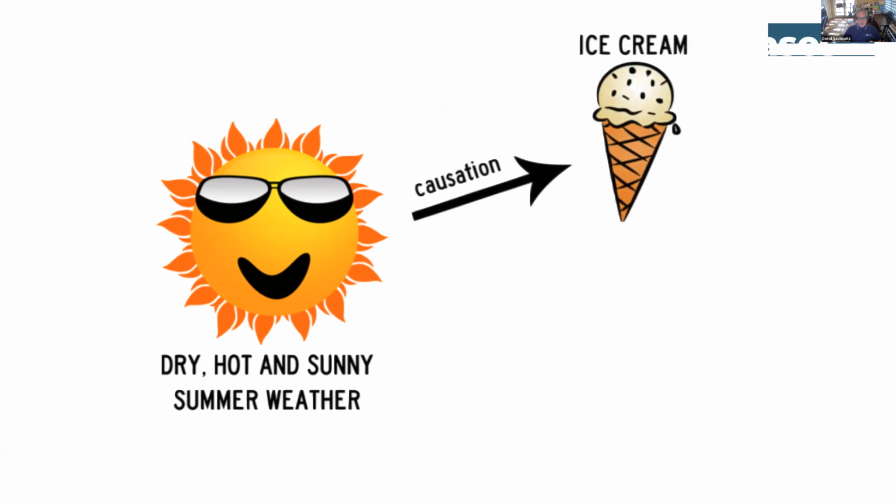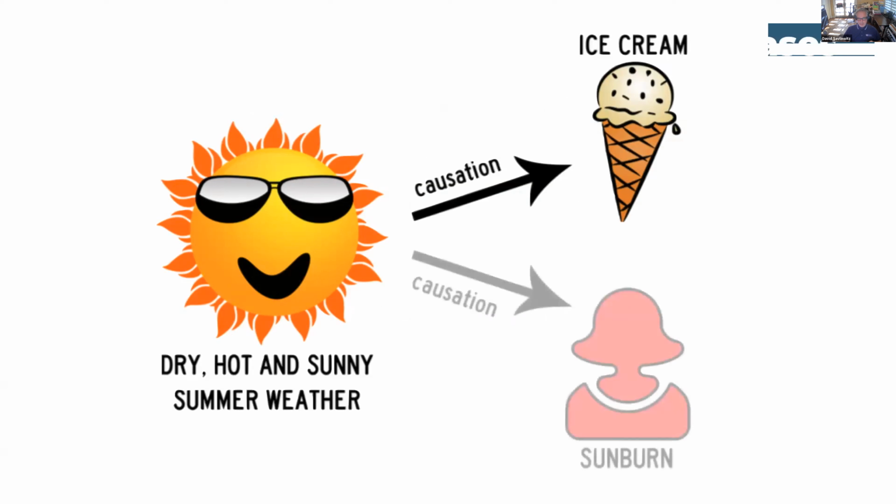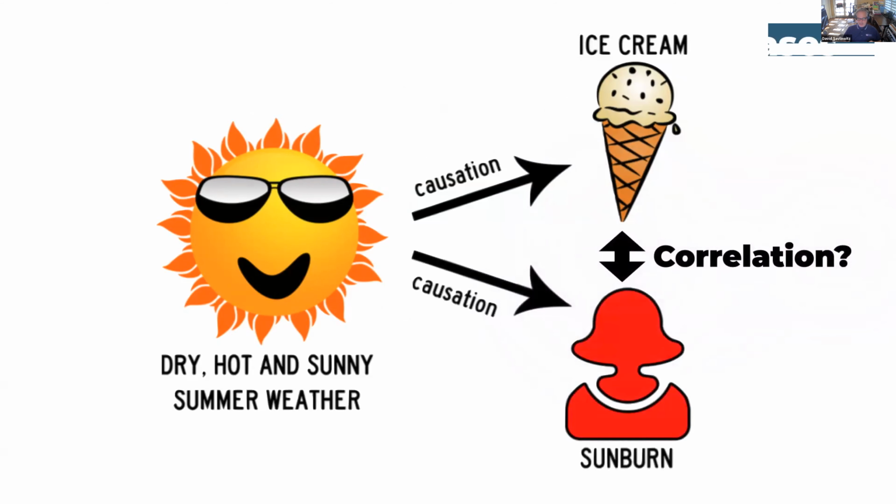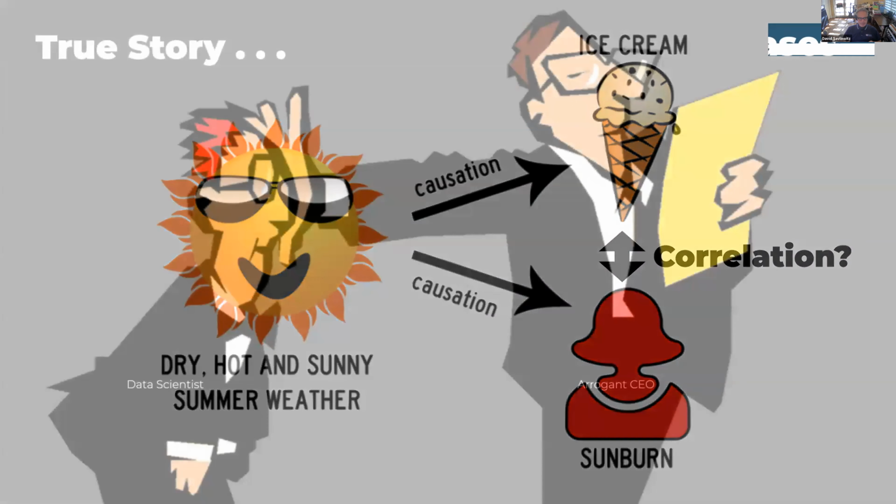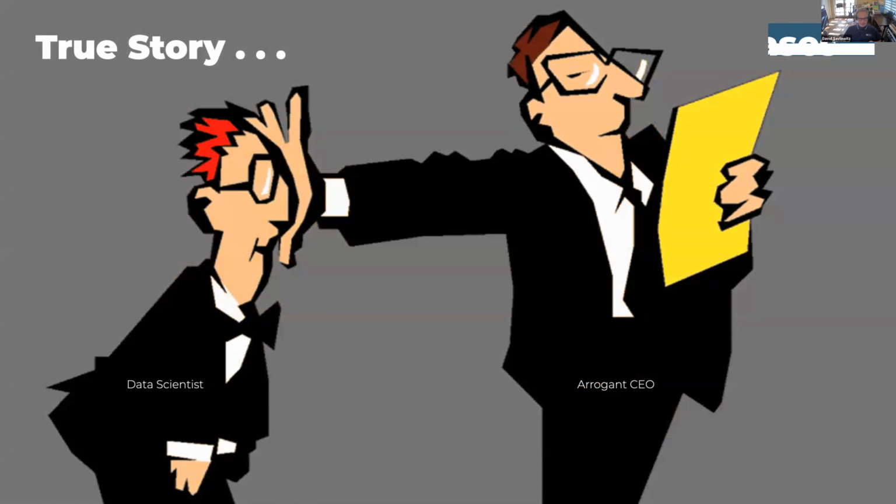The sun may have a high causation with people consuming ice cream and a high causation of sunburn, but yet the issue for the data scientist is: is there a correlation between ice cream and sunburn? So you could relate this to any number of internal and external time series that you'll be analyzing for your company. The political ramifications of this are not to be ignored.